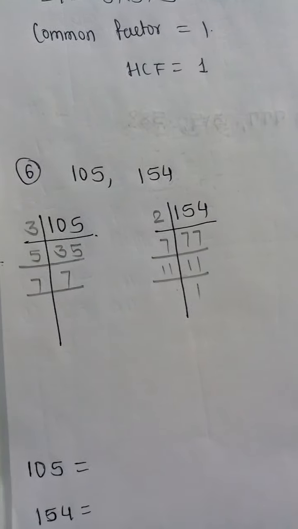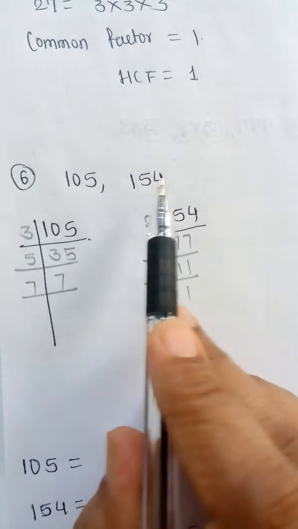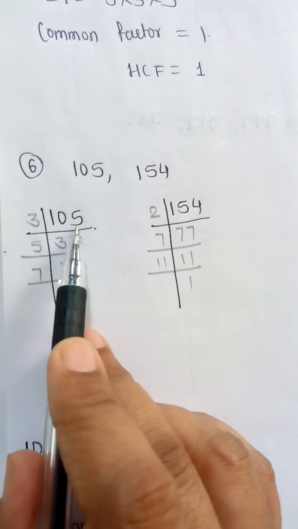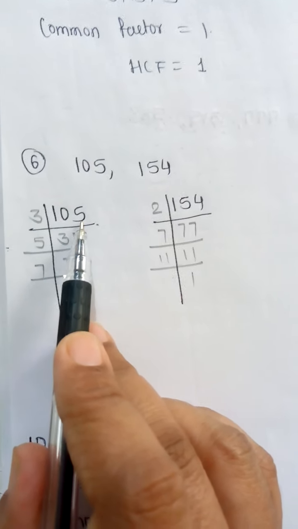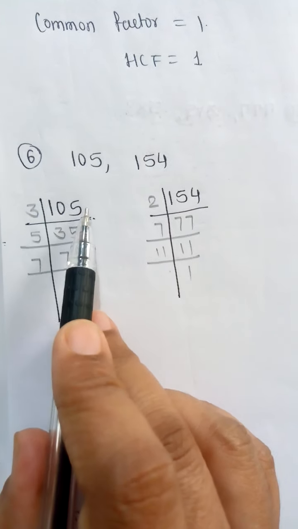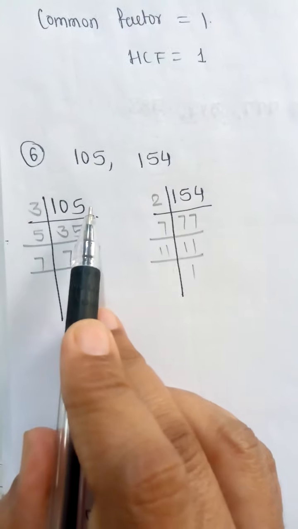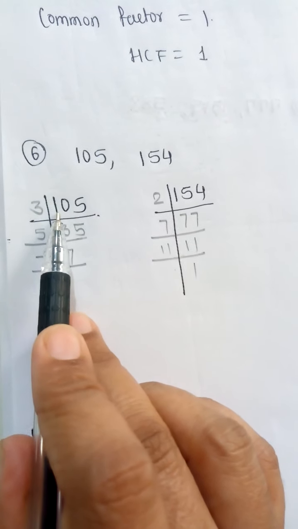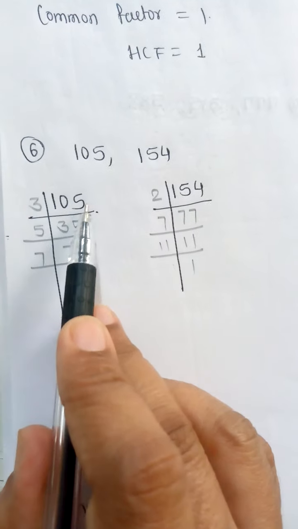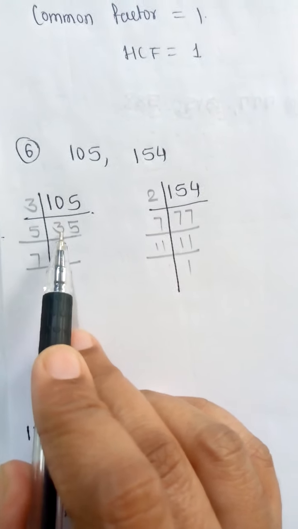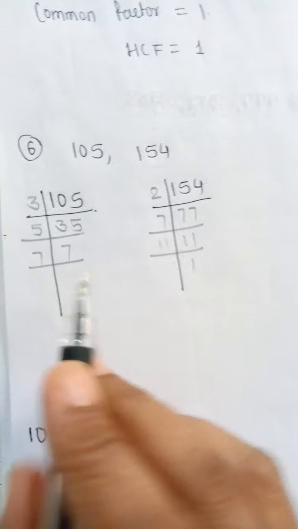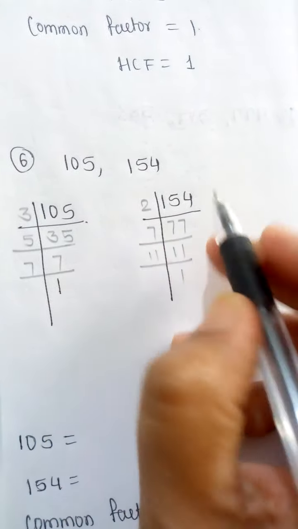Now see this sixth example, we have to find the factors of 105 and the factors of 154. Here in the ones place 5 is there, so it is not divisible by 2. Is it divisible by 3 or not? How will you search? Add the digits of the number. So 5 plus 1 is 6, and 6 is in 3's table, which means 6 is divisible by 3, so the whole number is divisible by 3. 3 3s are 9, 3 5s are 15, 5 7s are 35, and 7 is a prime factor, so 7 1s are 7.